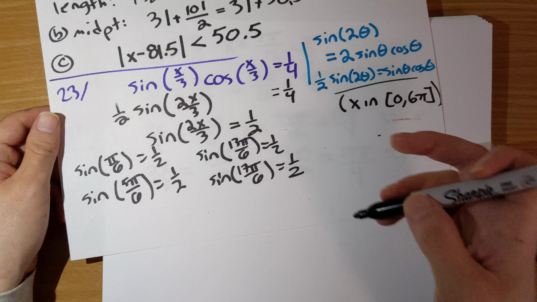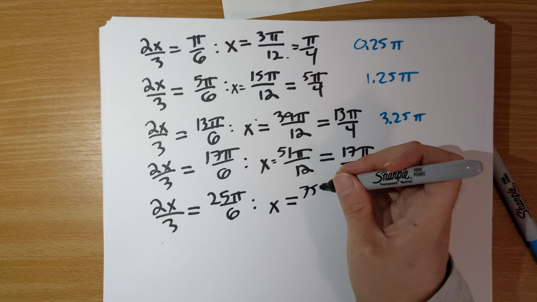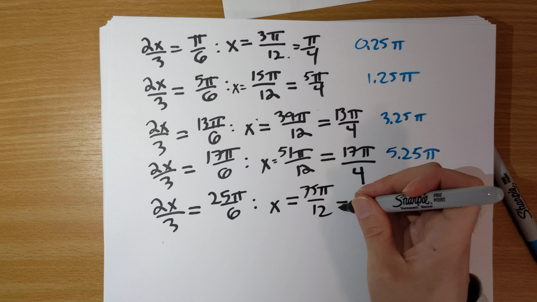And I think this is the last one in the interval from 0 to 6π, because when we try to do sine of, let's see, next up would be 25π over 6. So we add 2π to this angle here. That would be 1/2. If we do 2x over 3 is 25π over 6, x would equal 75π over 12.